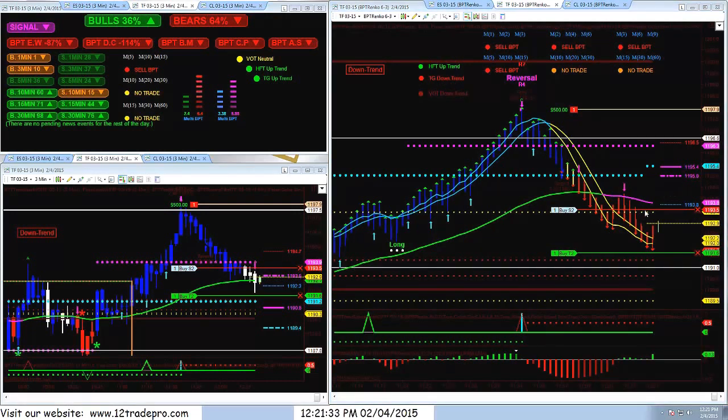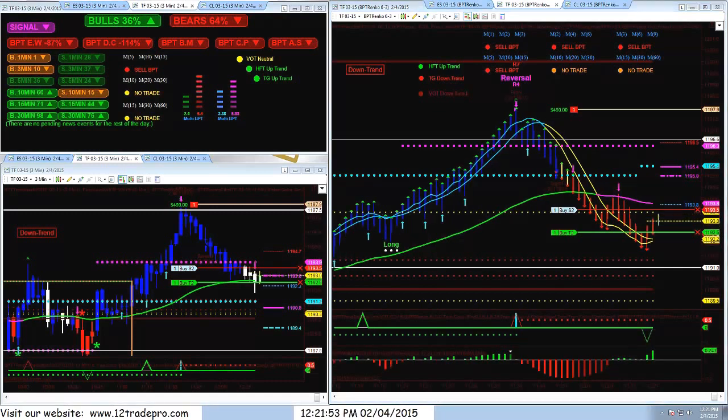Alright, got an up bar. See if I come down and give me a little bit more before I get stopped out. That came within a couple of ticks of hitting my target.